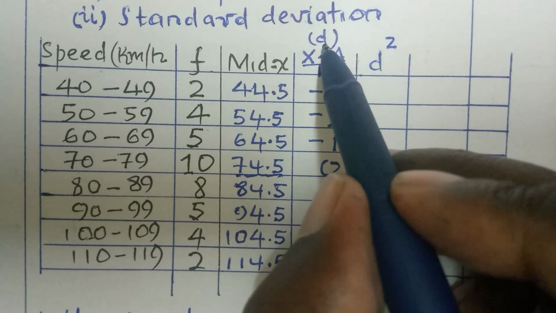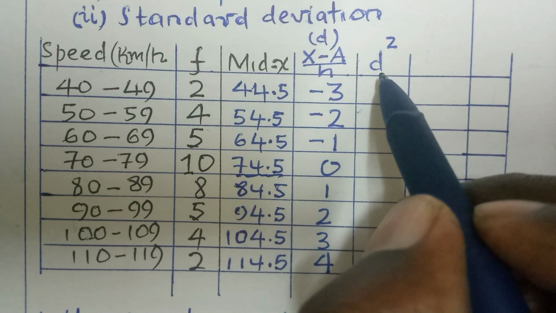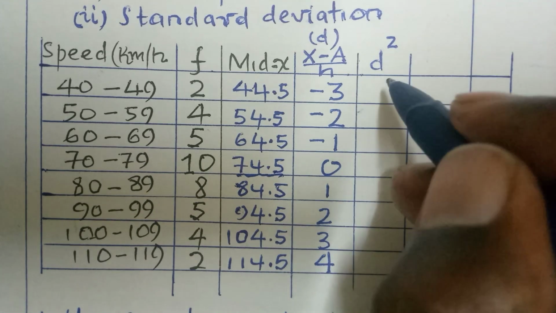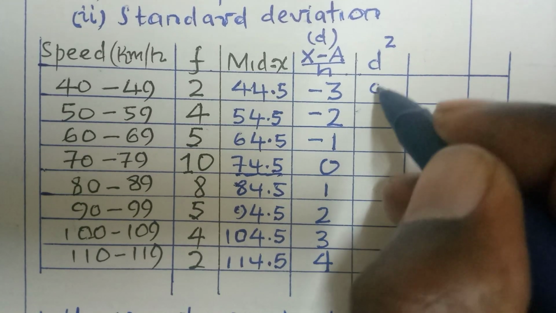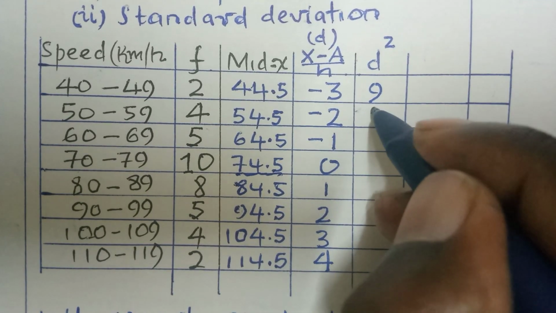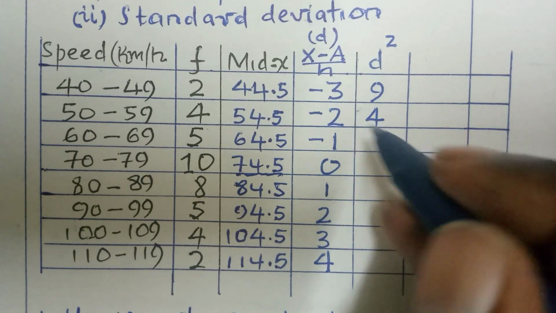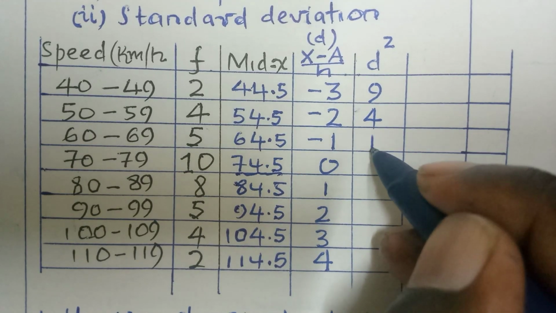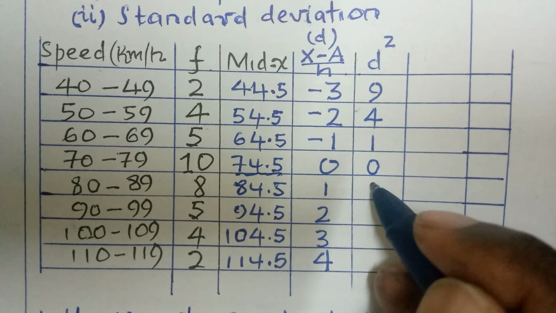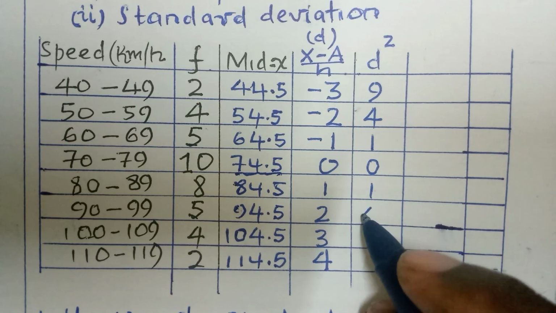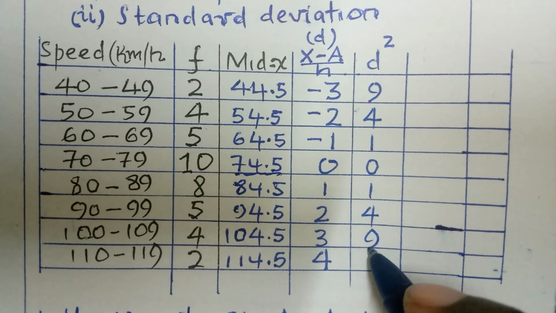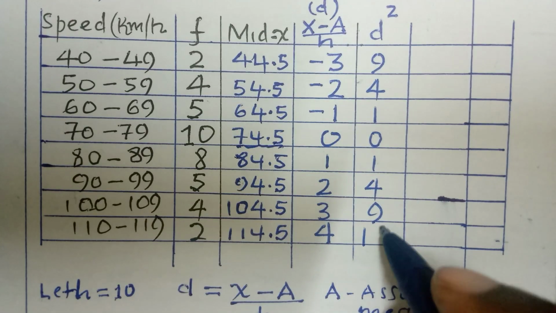Remember, this one is d, this one is going to be d squared. The d squared here, we are now going to have 9 there. Here we have 4. Here we have 1, 0, 1, 4, 9, and 16.